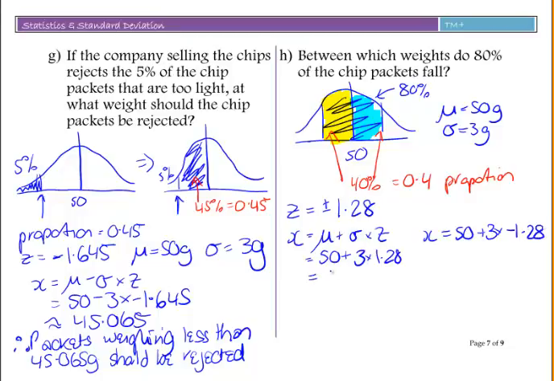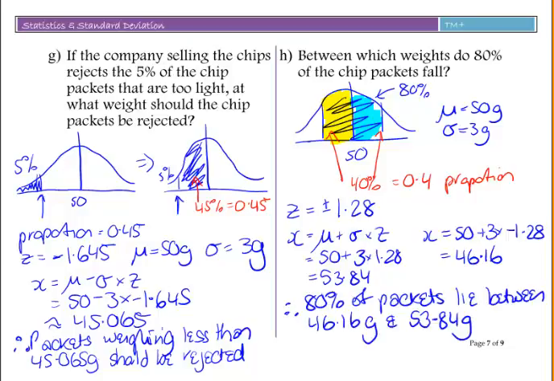So for this one we have 53.84, and here we'll get 46.16. Finish with a therefore statement. So therefore 80% of packets lie between 46.16 grams and 53.84 grams.